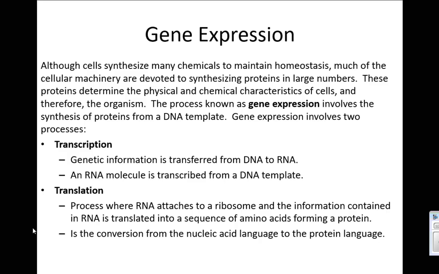Before we move to our next organelle, I want to talk about gene expression just briefly, which I've already written up on the board with our steps from DNA to RNA to proteins. This is an easy way to describe gene expression.